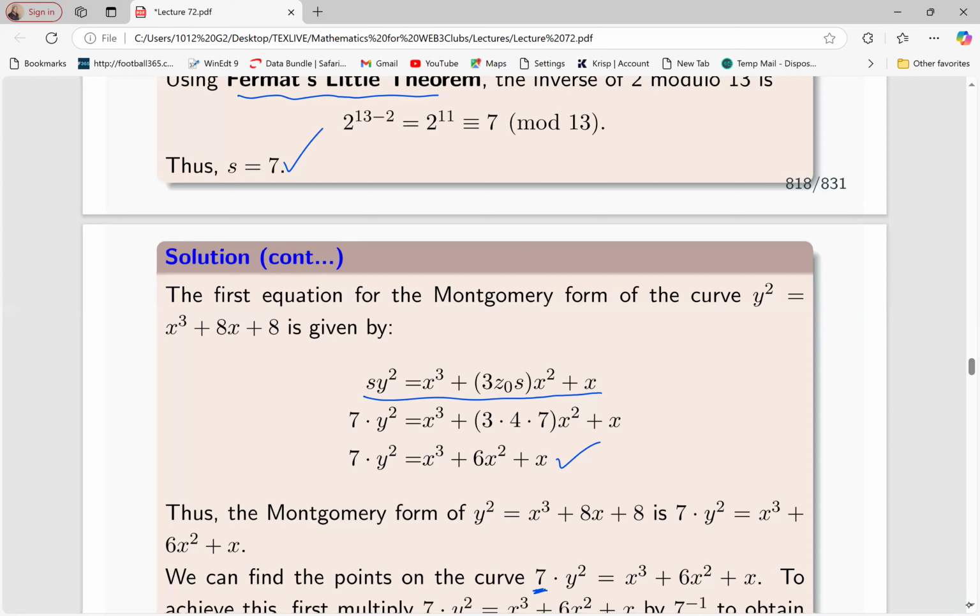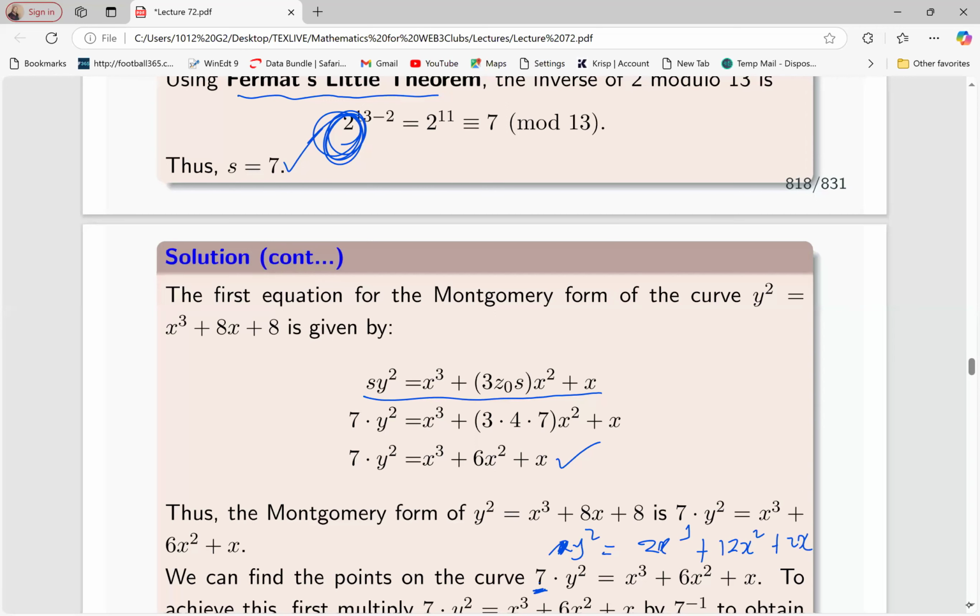The inverse of 7 is just 2. Multiply by 2 on both sides, so 2 times that will be y squared is 2x cubed, then 12x squared, then 2x.